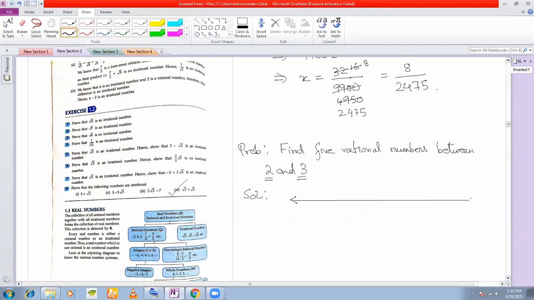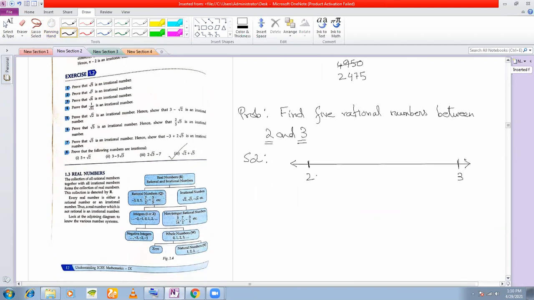At one extreme here, you write 2. At the other extreme here, you write 3. You have to insert 5 numbers in between here. So how many numbers? 1, 2, 3, 4, and 5 numbers you have to insert in between here.